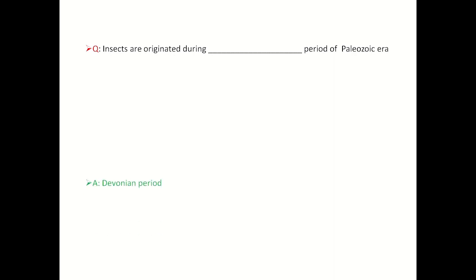Insects are originated during the Devonian period of Paleozoic era. The insects came into existence on the earth 350 to 500 million years ago.